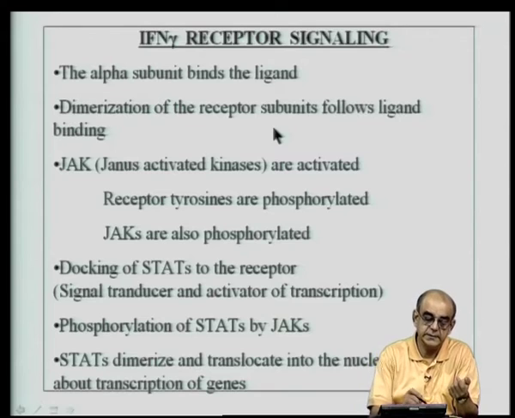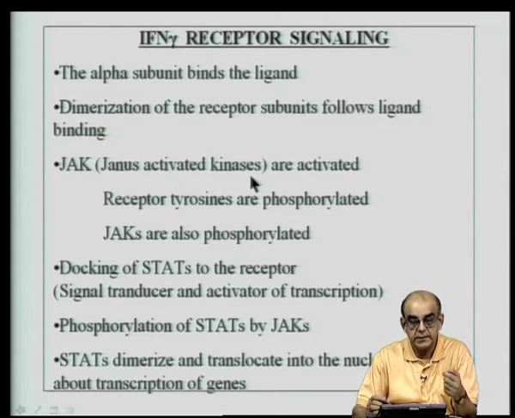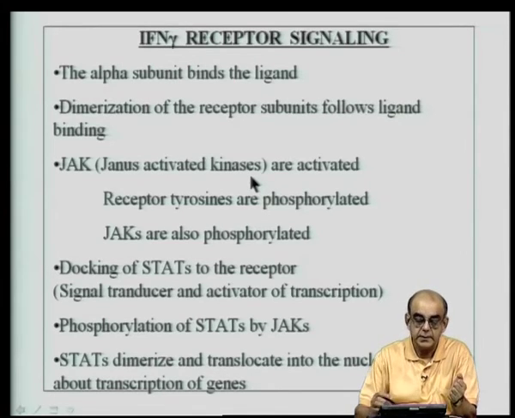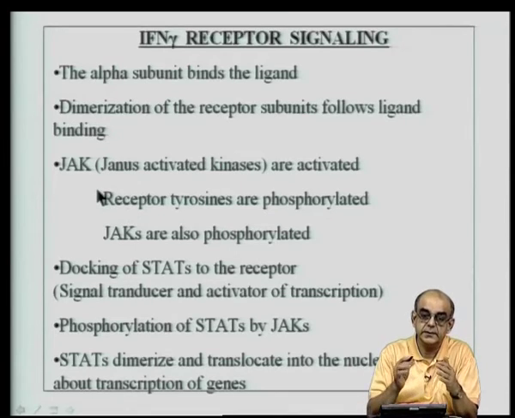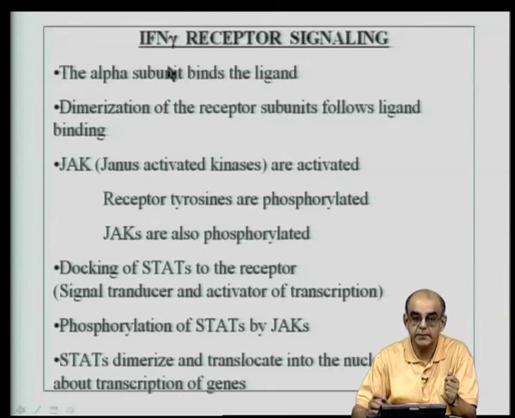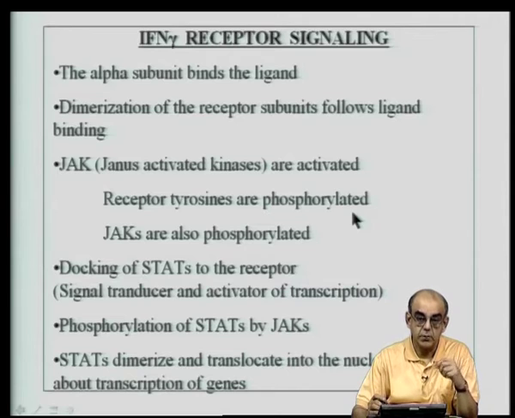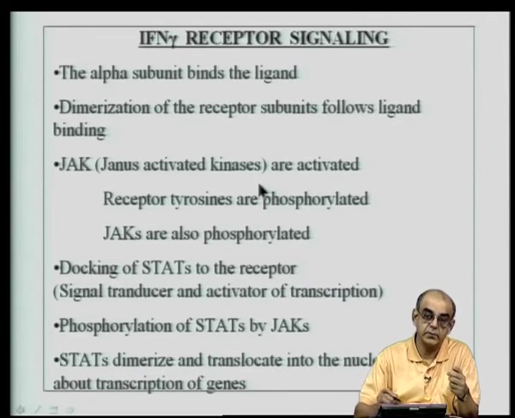So, these kinases are nothing but the Janus activated kinases. This is a situation or a step where tyrosines that are present in the receptor of the cytokine, in this case the gamma interferon receptor, is phosphorylated at multiple tyrosine residues. In the whole event, of course, the kinase itself autophosphorylates.